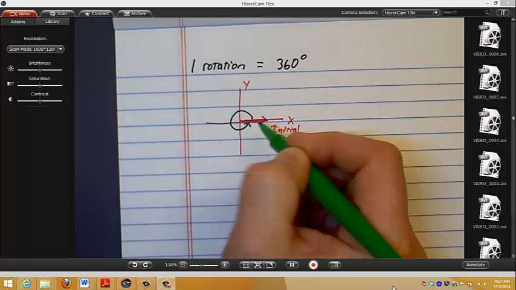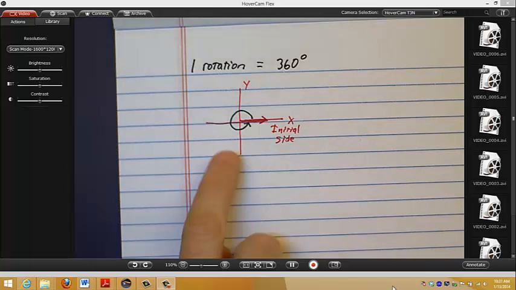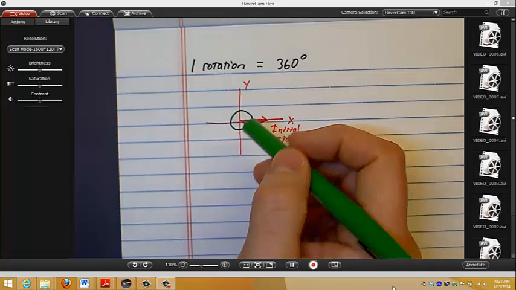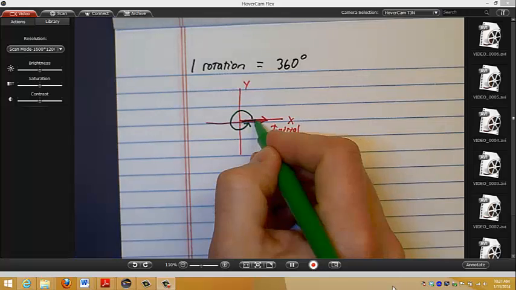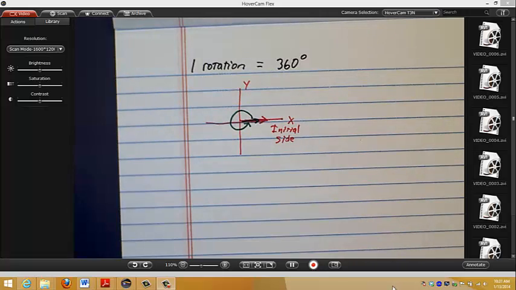I told you I can do that. You guys didn't believe me. All right. I know, that was a negative. Anyways, the initial side and the terminal side are the same, but it's an angle, right? So this is 1 rotation. It's 360 degrees. I showed you negative 360.